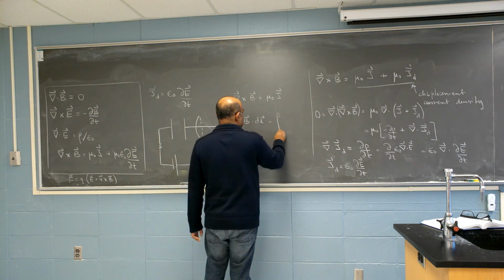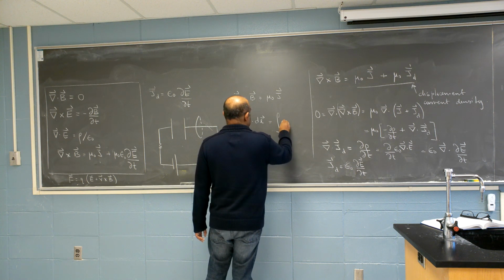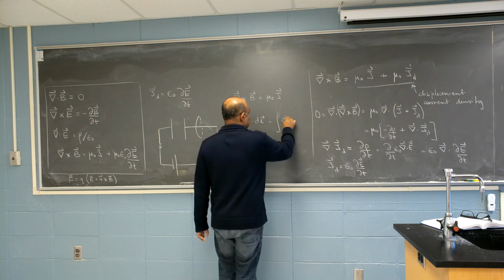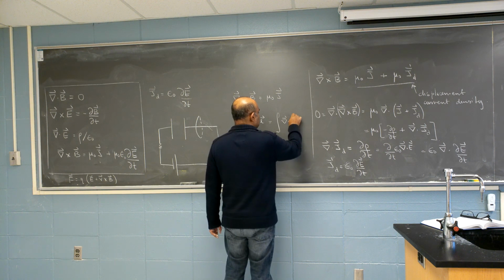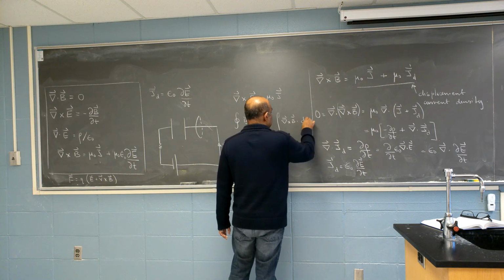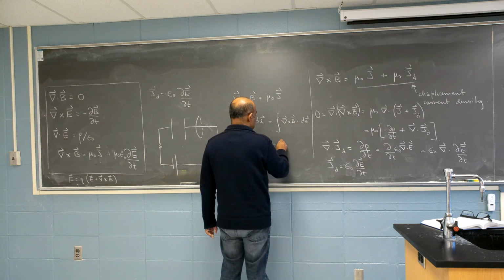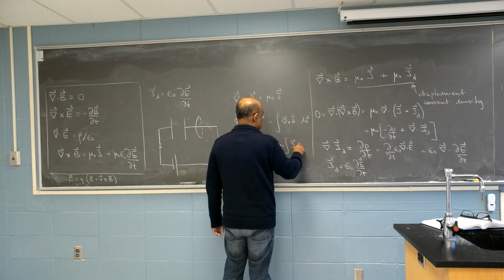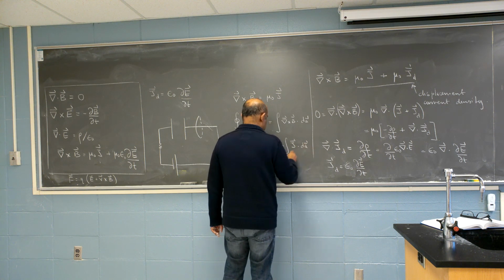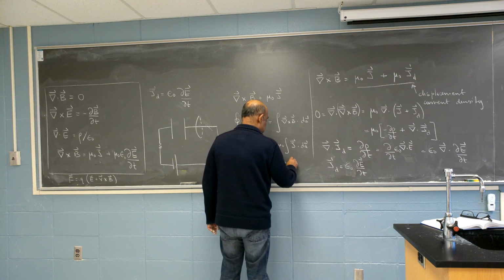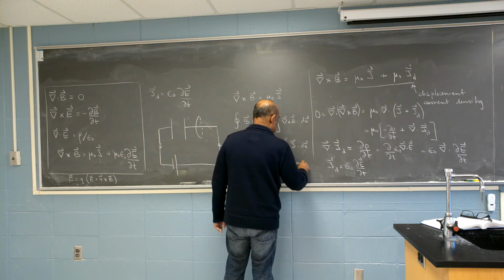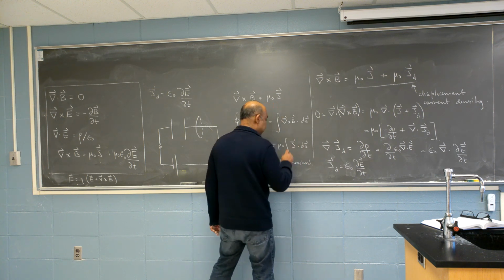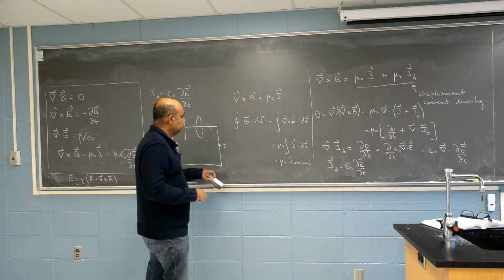It comes from curl of B dot dA, that is mu naught J dot dA, which is mu naught I enclosed. Yeah, fine.